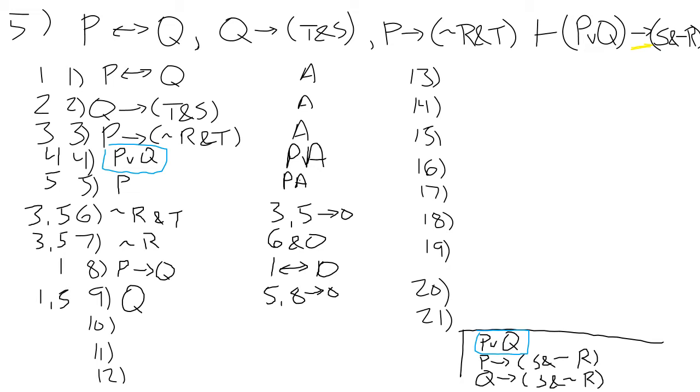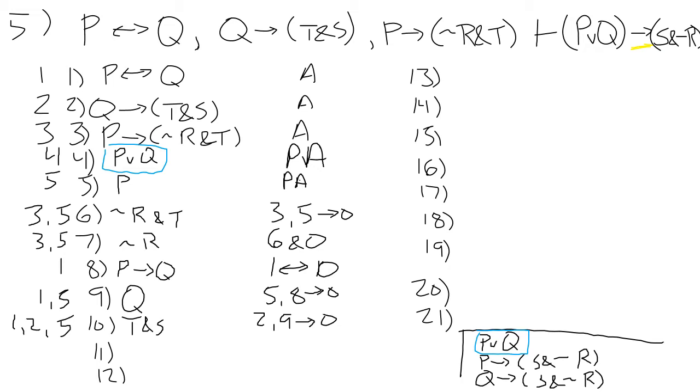Then we can toss our Q to get T and S from 2 and 9, arrow out. It's going to be 2, 1, 2, and 9. Or, sorry, 1, 2, and 5.